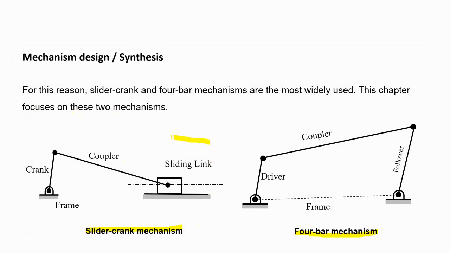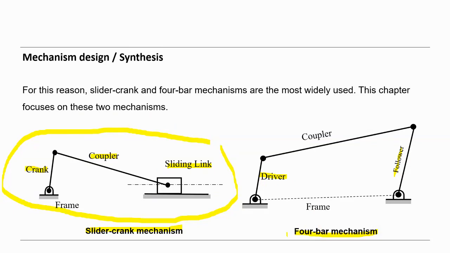You may remember from our previous lessons, slider crank mechanism. This is the crank link, this is the coupler, and this is the slide link here. And for the 4-bar mechanism, we have here the driver and the follower, or driven part, and the frame here, and the coupler.